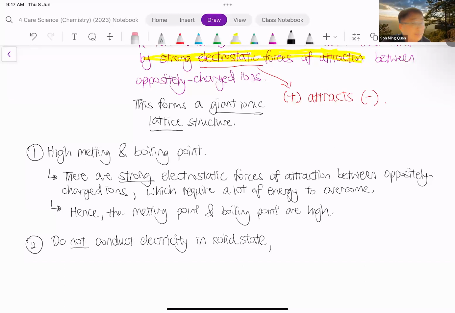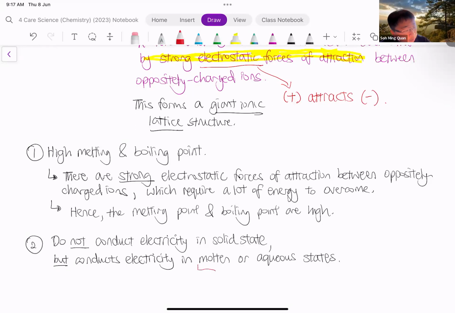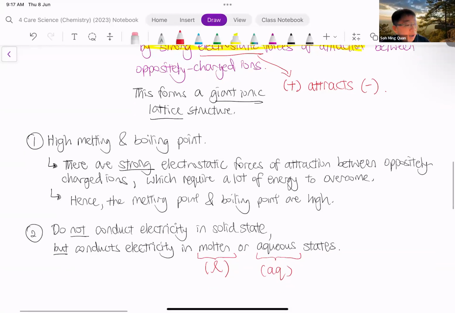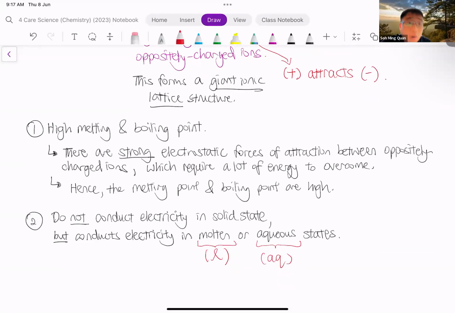Because in the solid state, it doesn't conduct electricity, but it becomes a good conductor of electricity in the molten or aqueous states. Okay, so molten means you melted it, it's a liquid. Aqueous means you dissolved it in water. So if I were to melt or dissolve it in water, it becomes a good conductor of electricity.